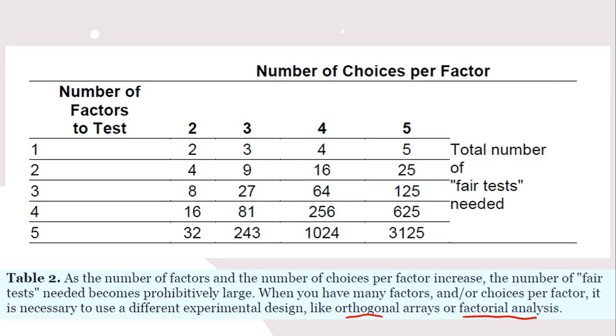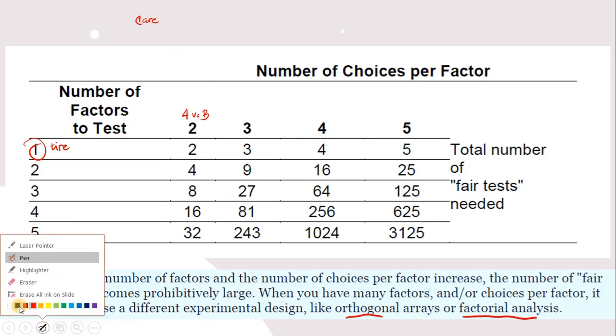Okay, what this just means is that, for example, take the number of factors to test. If, for example, this is just the tire, and the number of choices per factor is only A, tire A versus tire B, you just do the same car.